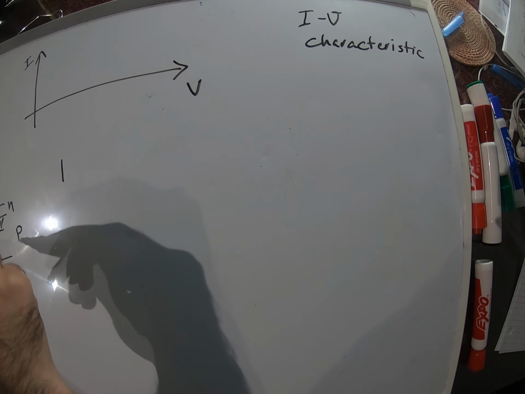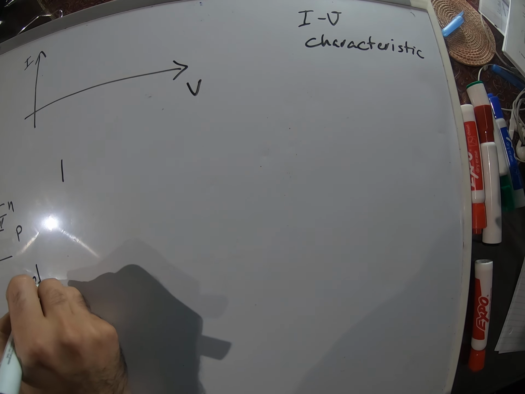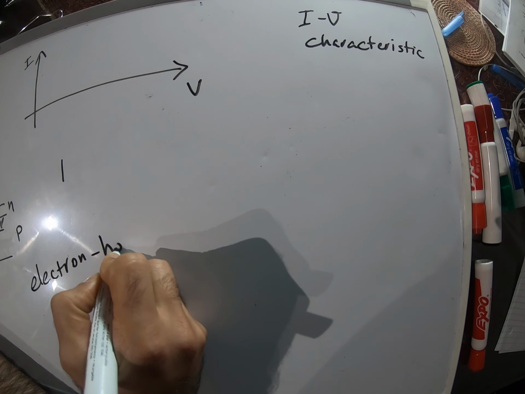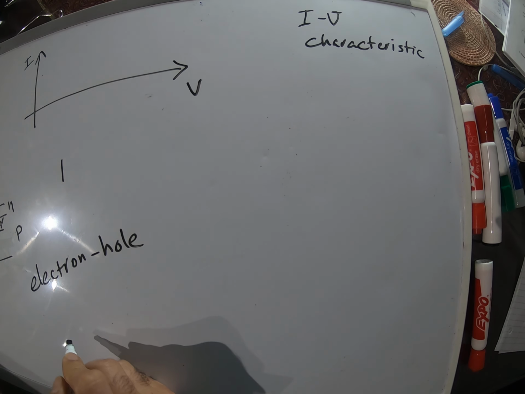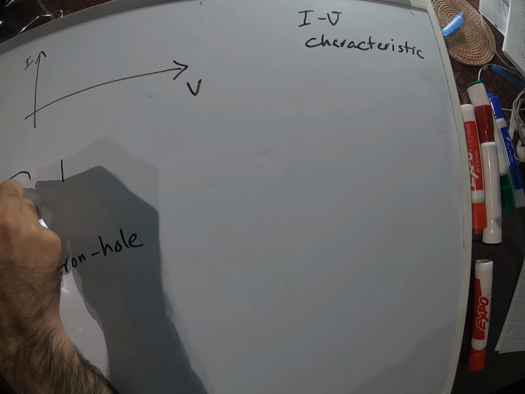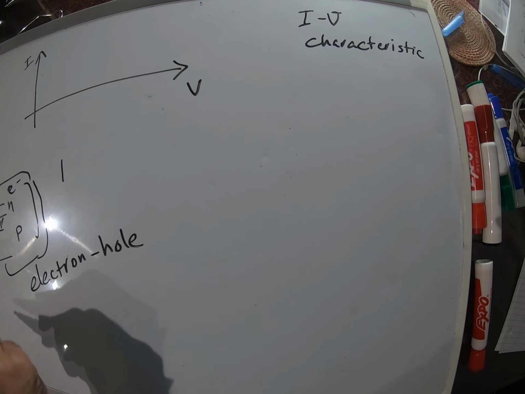So we saw that we would have electron hole couples, and that's basically how we can generate electricity. That's how electrons basically move towards the P region.